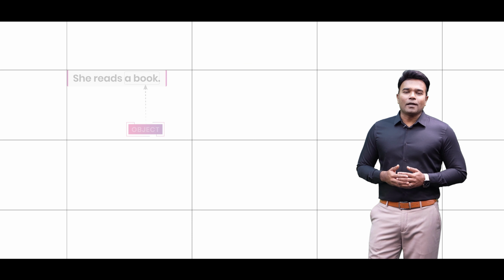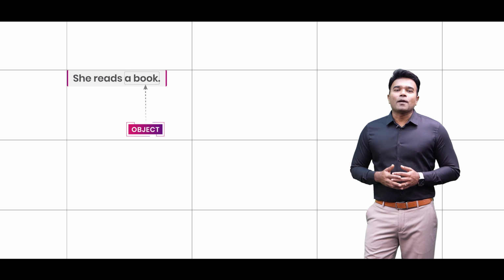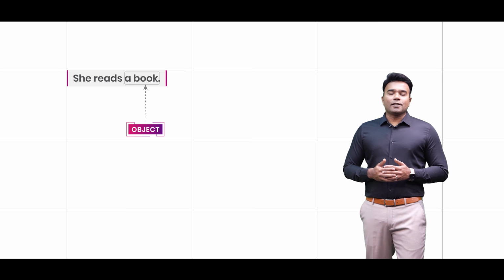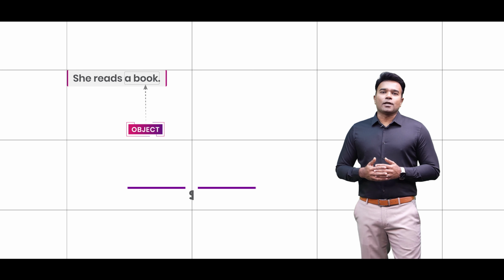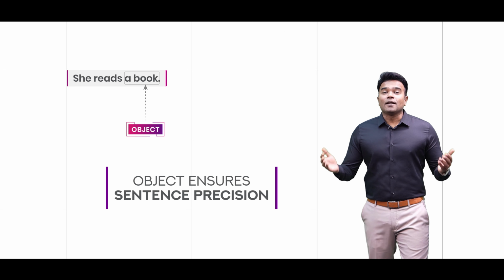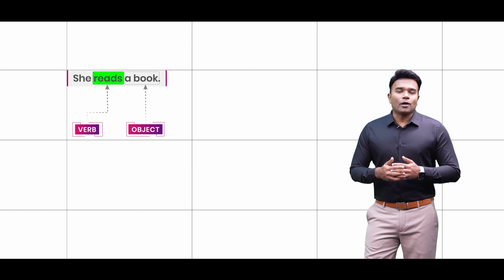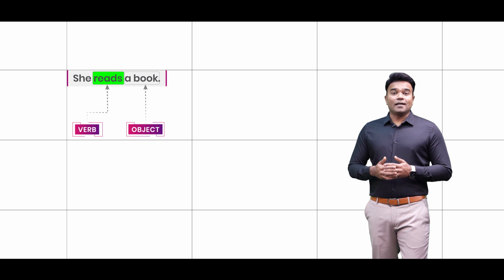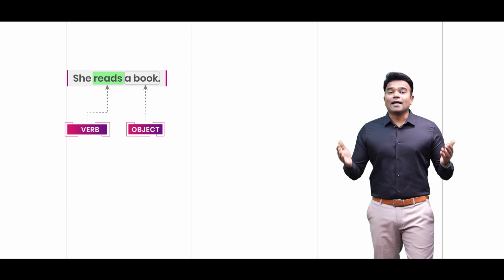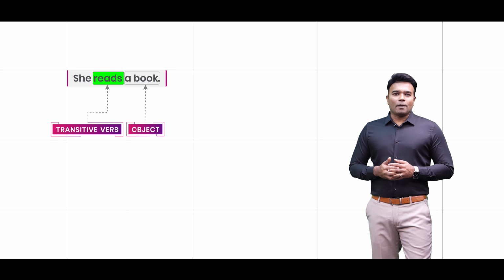In other words, now we don't have a question at the back of our mind as to what is it that she is reading. The sentence is pretty clear that she is reading a book. In other words, reads is such a verb that requires an object compulsorily, and hence we categorize reads as a transitive verb. Hope I am clear with this.